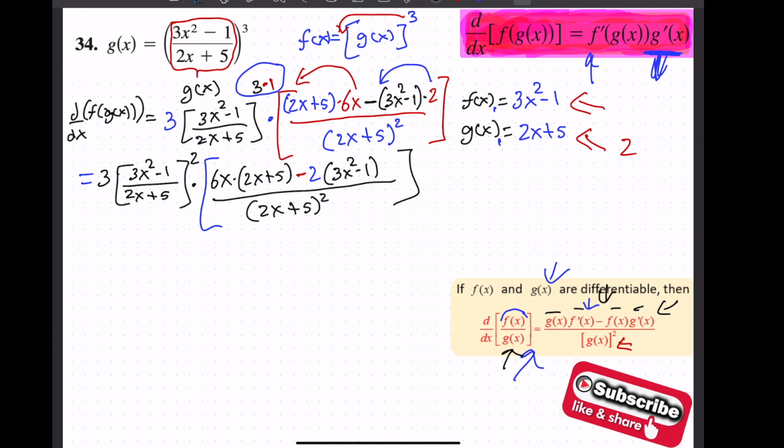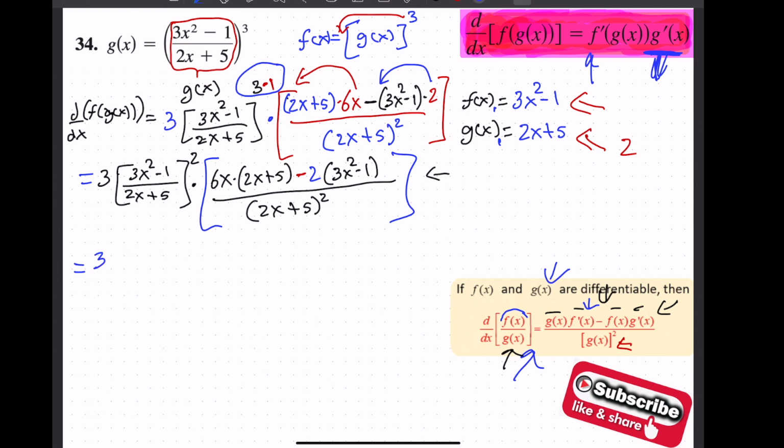Okay, now we need to see if there's anything related that we could simply eliminate, but it looks like our numerator on the second piece doesn't have any like terms, but we can still simplify further. So we have equal to, we have a 3 there.